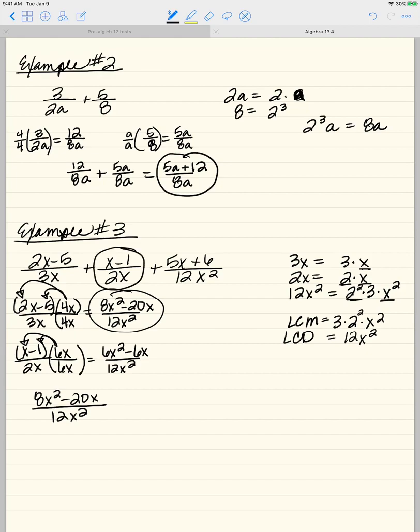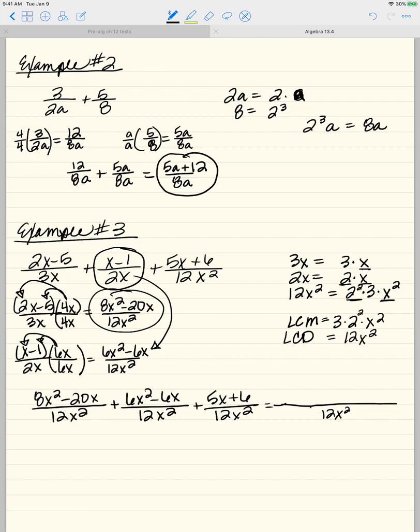X minus 1 over 2x became this guy. So plus 6x squared minus 6x all over 12x squared. And then 5x plus 6 over 12x squared. So everything is going to be over 12x squared, obviously.